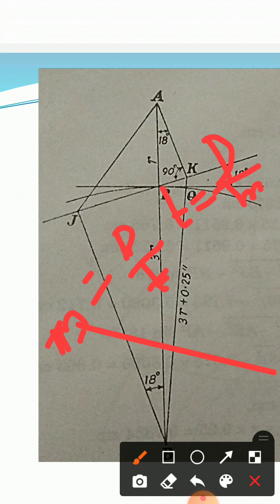So we have to find out this number of teeth by using this formula of module.